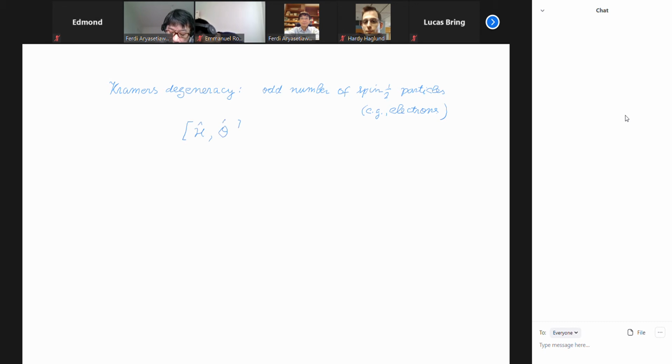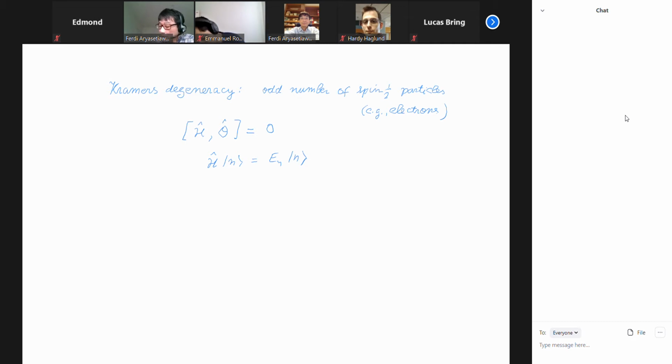We start by saying that since the Hamiltonian is invariant under time reversal, it commutes with the time reversal operator. Now let's say that we have an eigenstate of the Hamiltonian, |n>, with eigenvalue En.